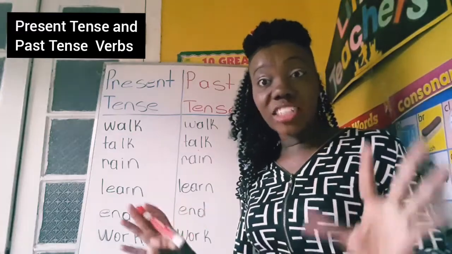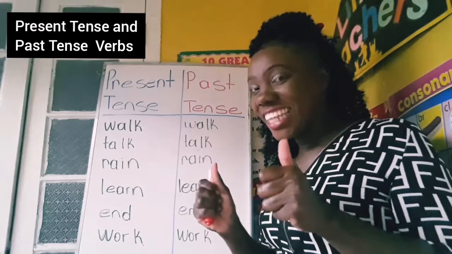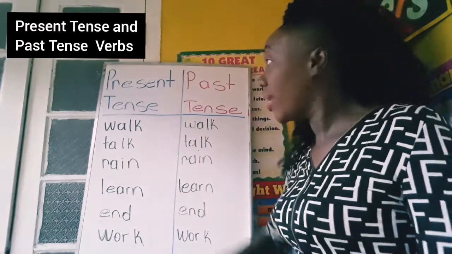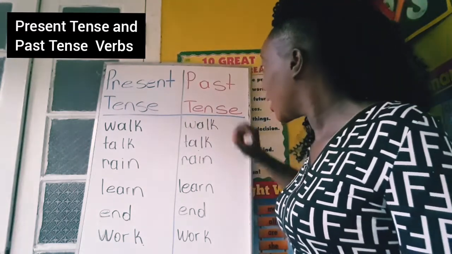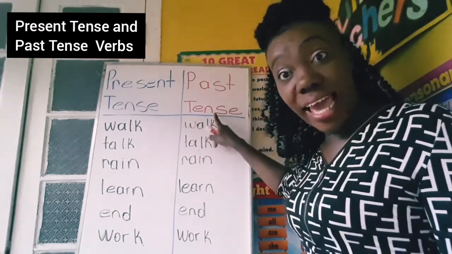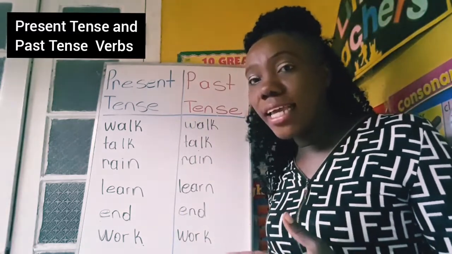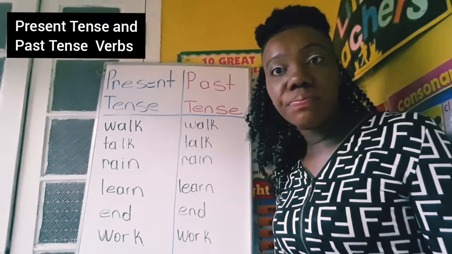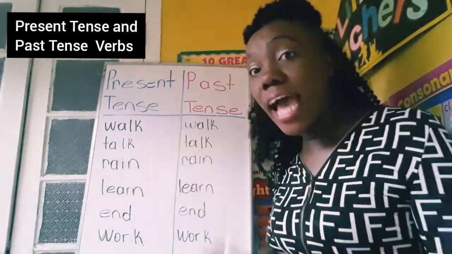So boys and girls, are you ready to learn some new words? Yes! So remember, we're doing present tense and past tense. And present tense, what is present tense again? What does it talk about? Verbs or actions that are happening now.